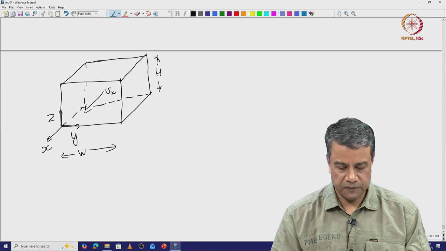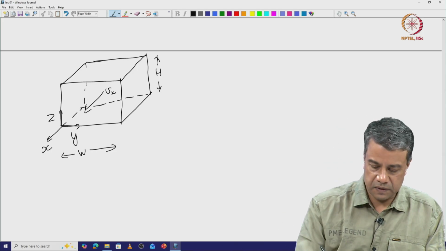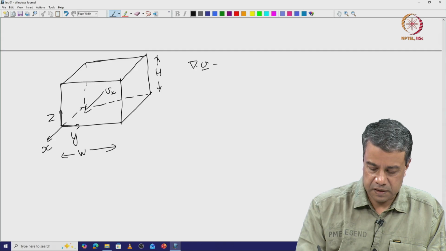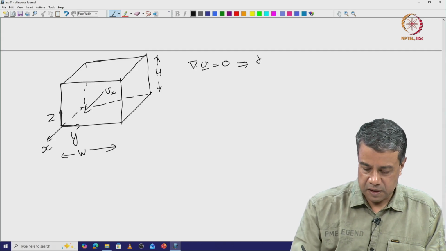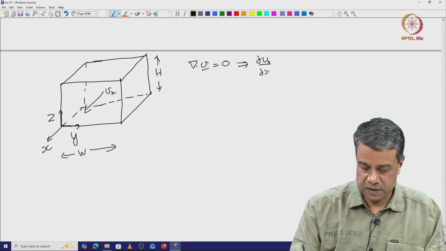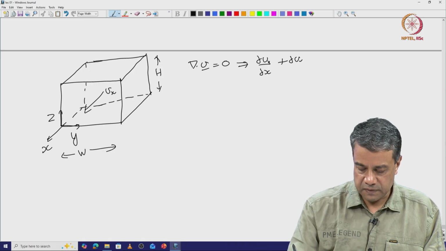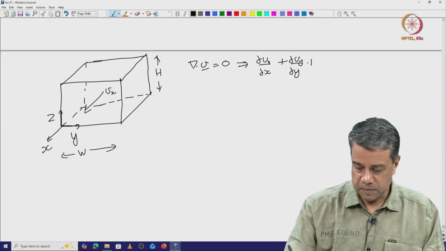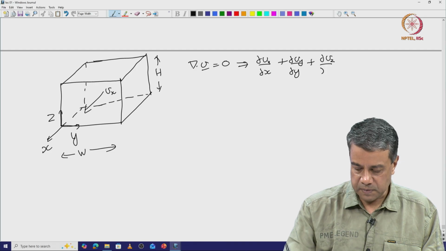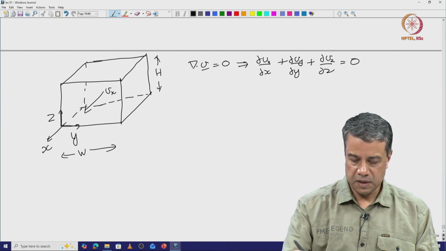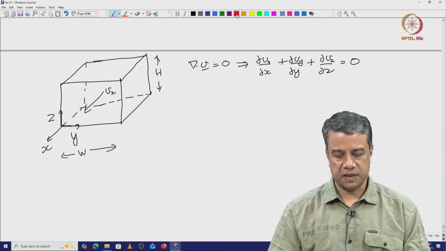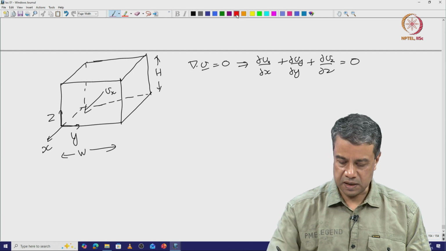The equation for the flow, first of all, del dot V is equal to 0, which implies that partial Vx by partial x plus partial Vy by partial y plus partial Vz by partial z is equal to 0. This is identically satisfied in this case, because the flow is only in the x direction.